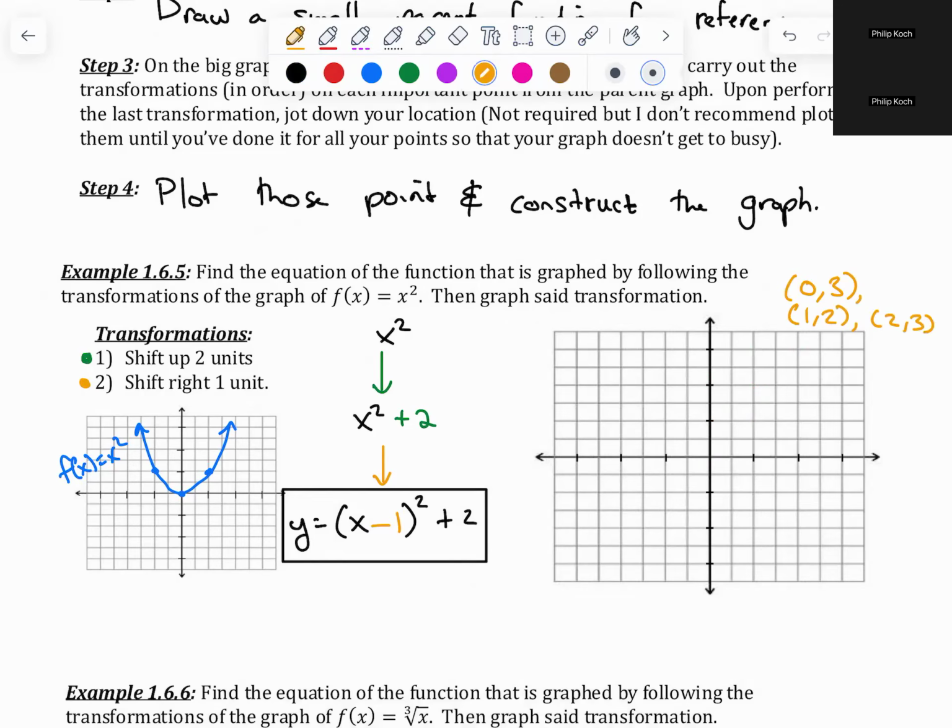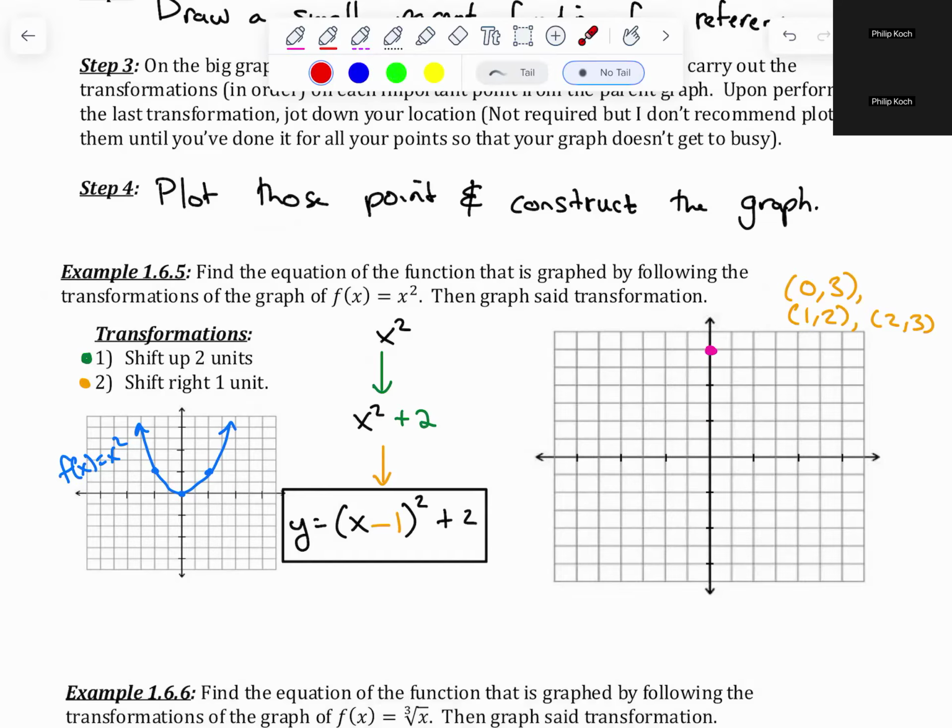I want to show you why I don't plot them. So once again, (0, 3). Well, in this case, it's not going to be too terrible, but it just starts to muddy the graph. I like to plot the points on the side and then plot them. But if you feel comfortable plotting them and then moving on, that's fine too.